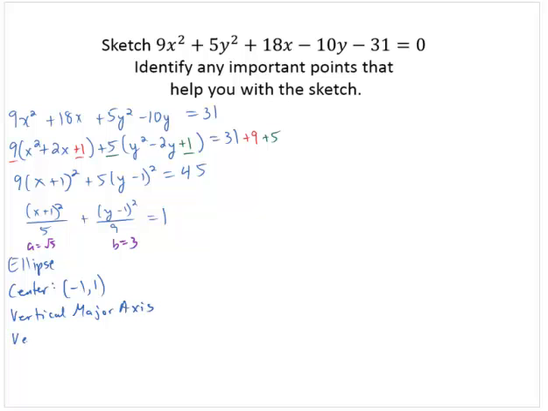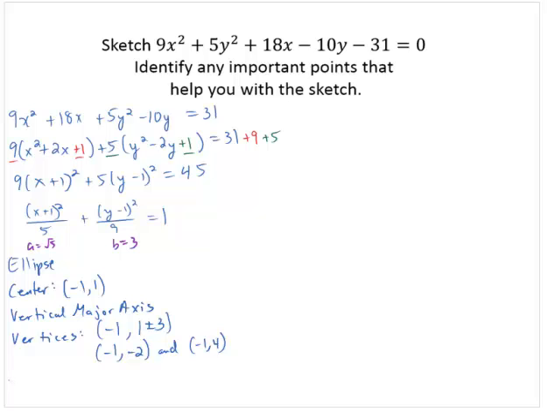So then to find the vertices, I'll take the center point and move vertically 3 units. So I'd have -1, and then I'd have 1 plus or minus 3, and so that becomes -1, -2, and -1, 4 are my vertices.